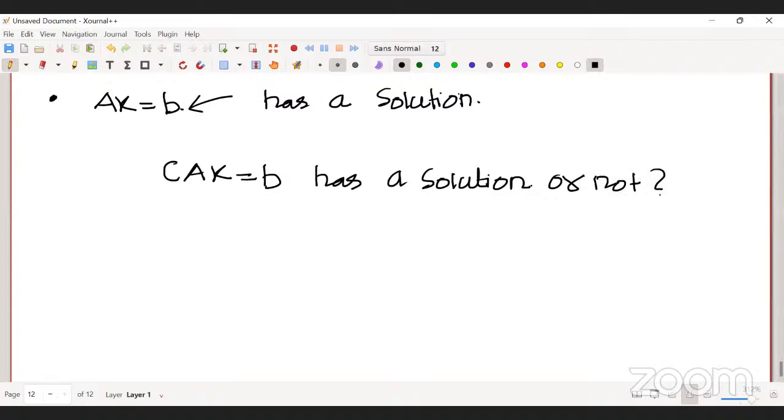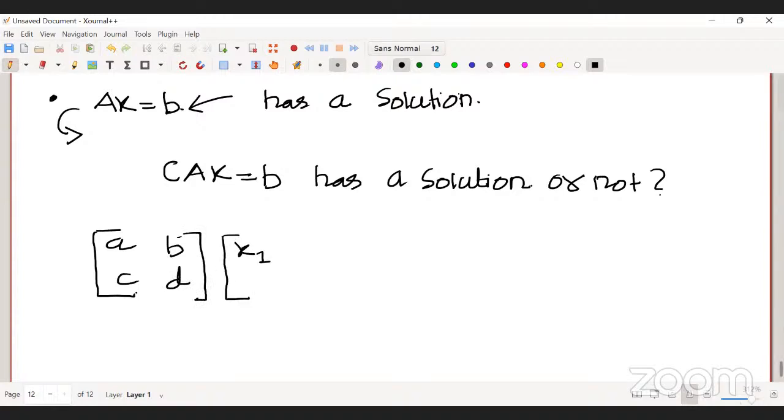So first, let's think of A as a 2 cross 2 matrix with entries A, B, C, D, and x1 and x2, which equals B1 and B2.